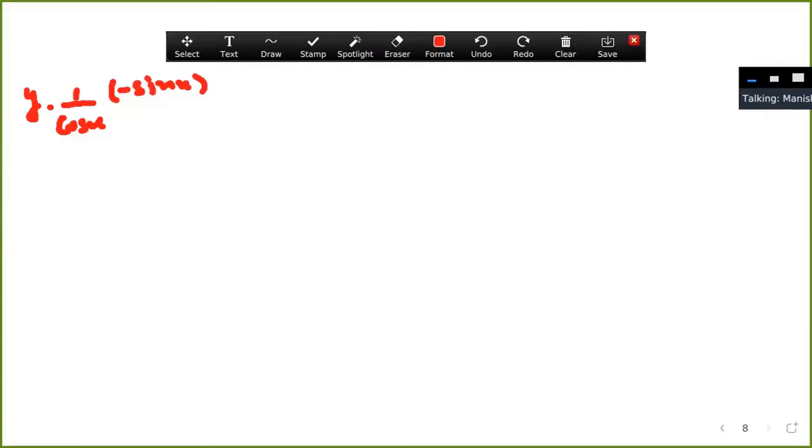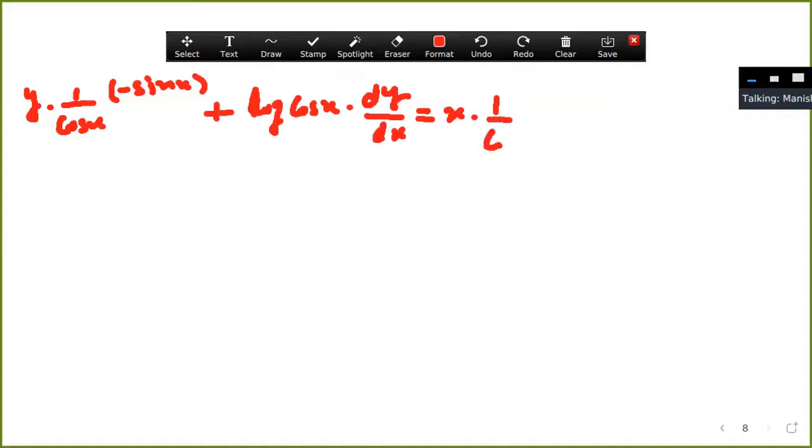And next, plus sign, log cos x as it is. Derivative of y is dy upon dx, is equal to x log cos y, whose derivative is 1 upon cos y into minus sin y.